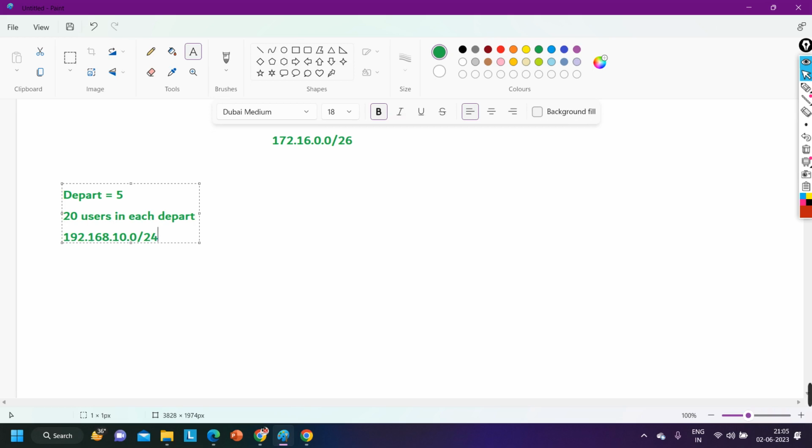Here you need how many networks? 5. So we will borrow 3 bits. Total number of networks will be 8, and valid hosts will be 32 minus 2, which is 30 in each network, right?